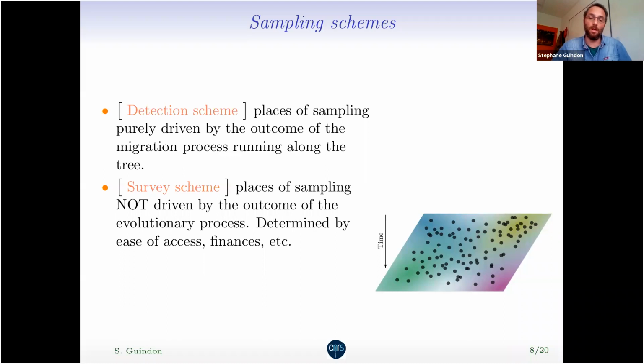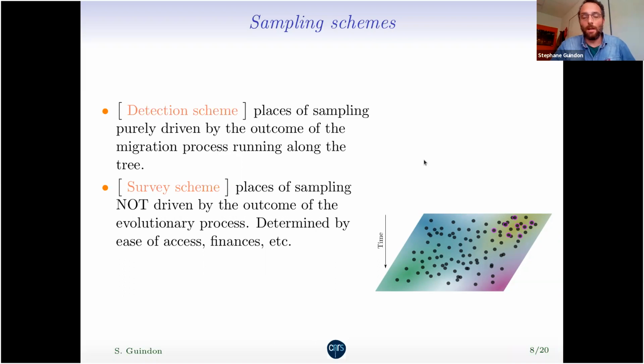And here what's important is that the places you go to for sampling do not depend directly on the outcome of the evolutionary process, right? So it could be the case that this upper corner here is easier to sample compared to the other places in your habitat, so that you will have an excess of samples collected here, all right?